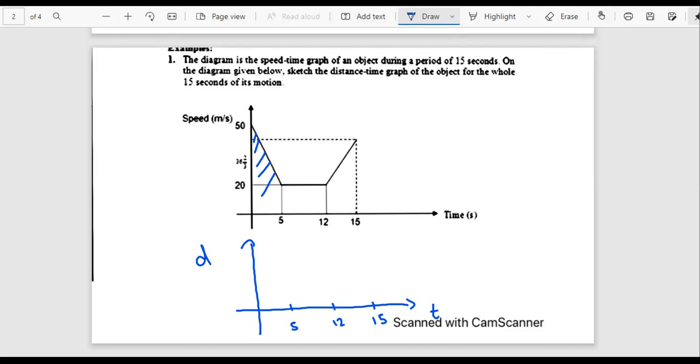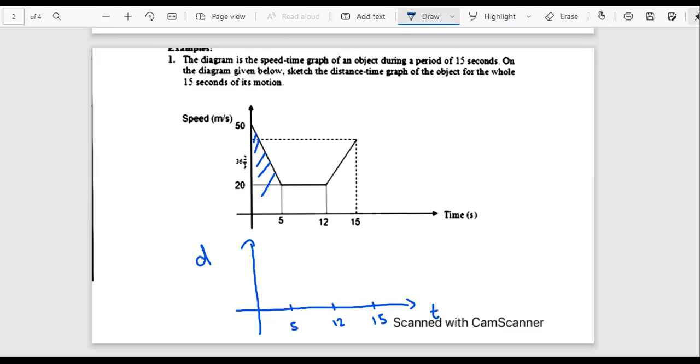And then you have 7 times 20, which equals 140. And then you have 20 times 3, which equals 60. Okay, but in order to understand this, we need to do it stepwise, right?